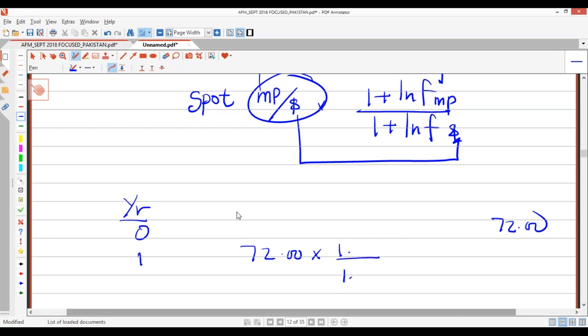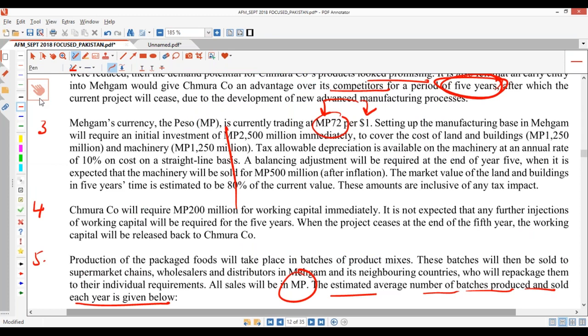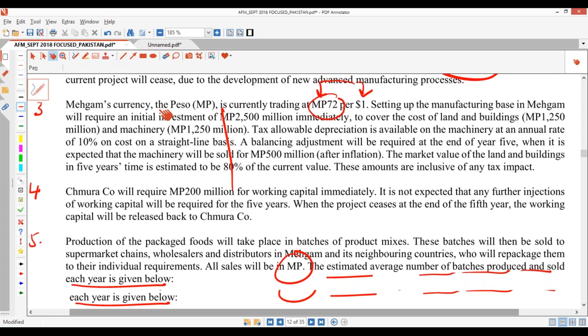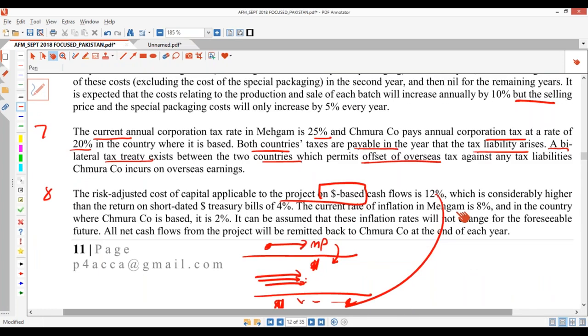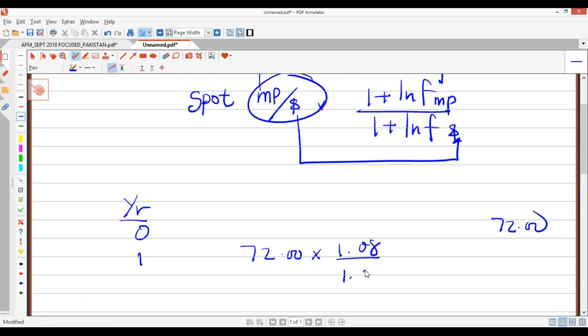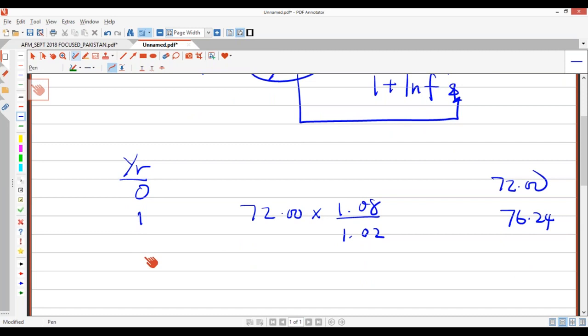That's going to be the inflation rates. Inflation rate of Megan is found in the paragraph, 8%. Kimura is 2%. So when your inflation is higher, the tendency is that your currency, Megan peso, will depreciate. Forecasted to depreciate. So 1.08 over 1.02, you're going to get here 76.24. And you're going to move on.